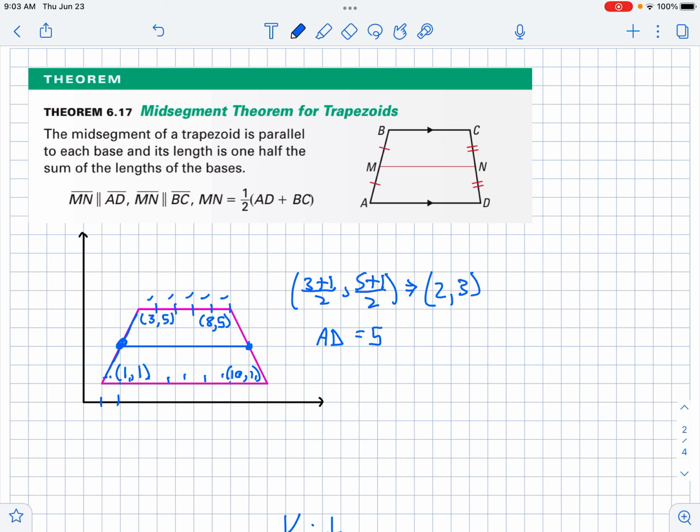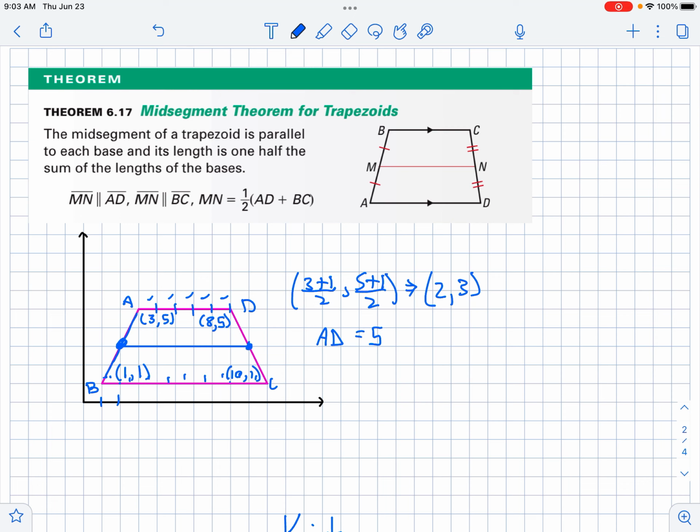Let me say this is A, B, C, D. I guess I was looking up at the theorem, the little green box there. But AD is equal to 5.